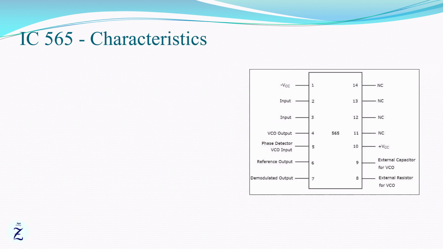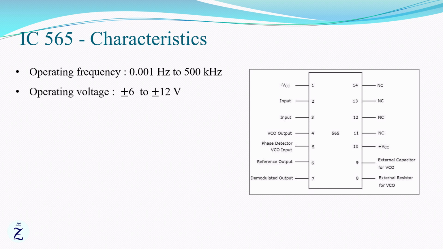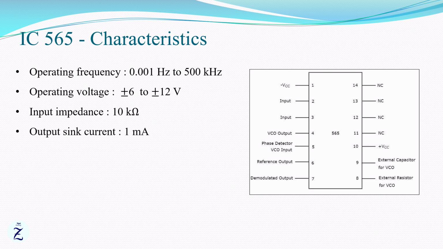Let's look at some of the characteristics of IC 565. Its operating frequency ranges from 0.001 Hz to 500 kHz, and operating voltage range is plus or minus 6 volt to plus or minus 12 volt. Input impedance of IC 565 is typically 10 kilo ohm, and its output sink current and source current are 1 milliampere and 10 milliampere respectively.